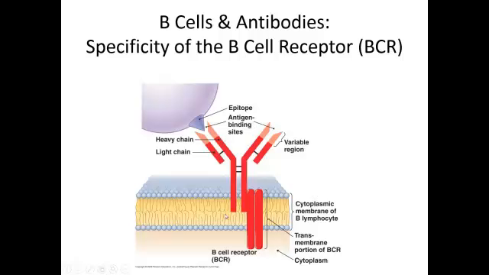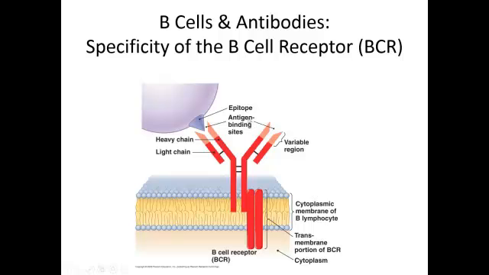After they are produced in the bone marrow, they go to the lymph nodes and hang out with their BCRs waiting for an epitope that will match their antigen binding sites. Once that happens, then they go on to become fully mature B cells. And we're going to talk about that more later.